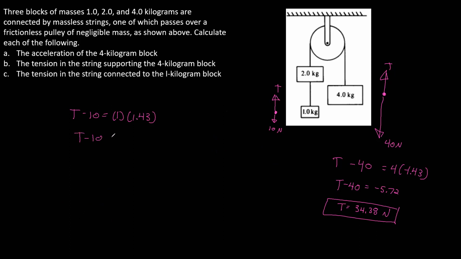T minus 10 is 1.43, add over the 10, and you get 11.43 newtons.